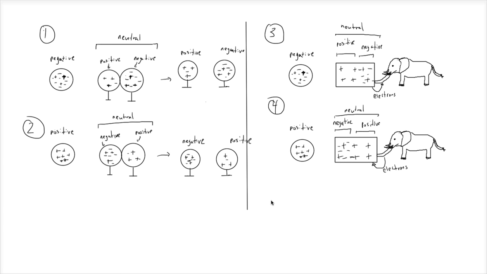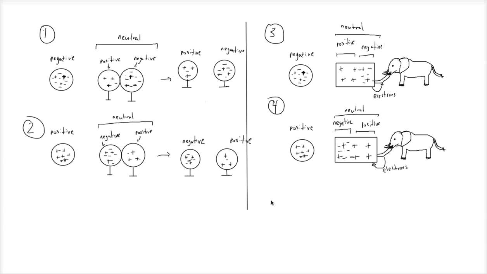So what will happen is, once the elephant touches that right side, the block will become positive because it lost electrons. And again, this only works because the negative object is near the block. If it weren't there, then a neutral elephant touching a neutral block would have no effect. But now, because the neutral object is polarized, it's as though part of it were charged. And so we can suck out some of those electrons, and then, hey, it's positive now.